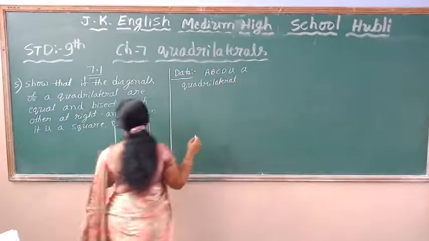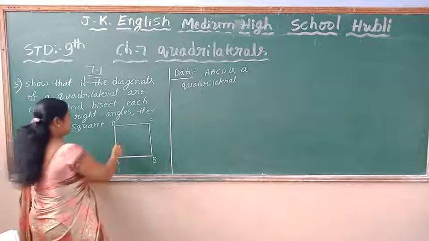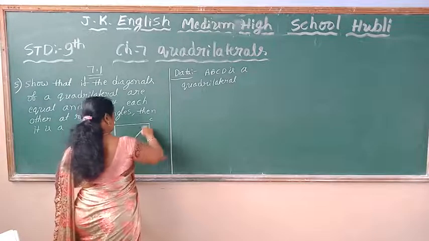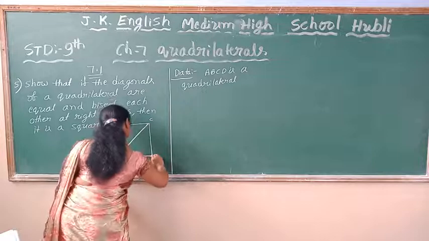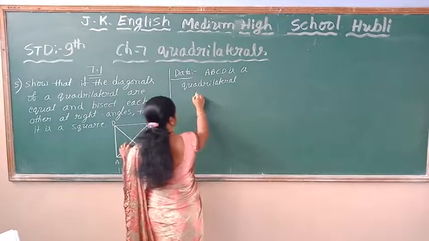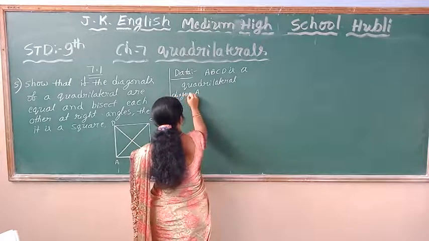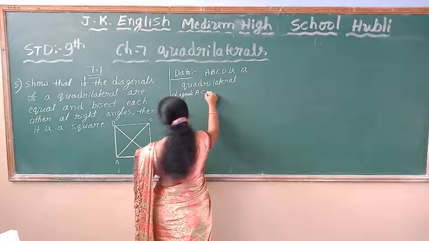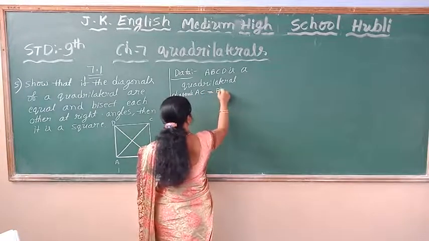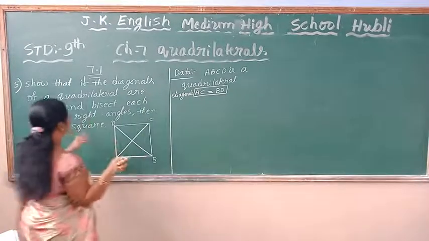In that, the diagonals of the quadrilateral are equal, AC is equal to BD. So it is given, children. Diagonals AC is equal to BD. It is given.